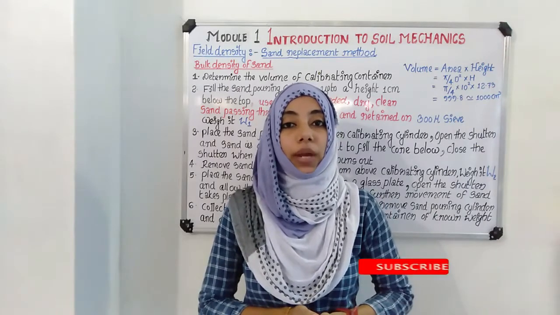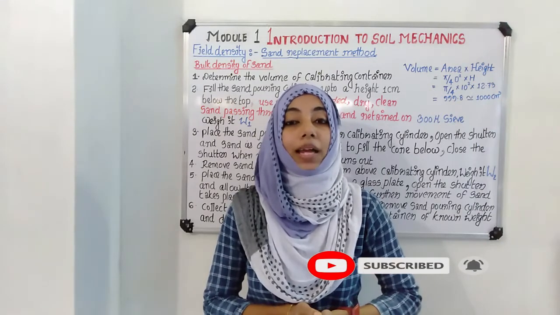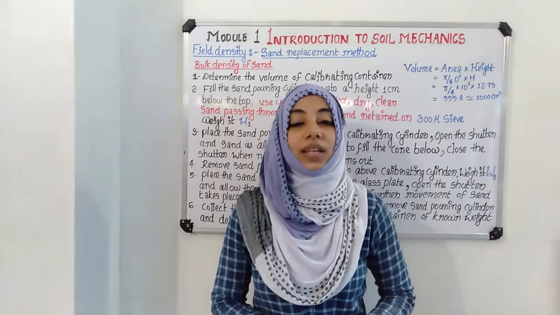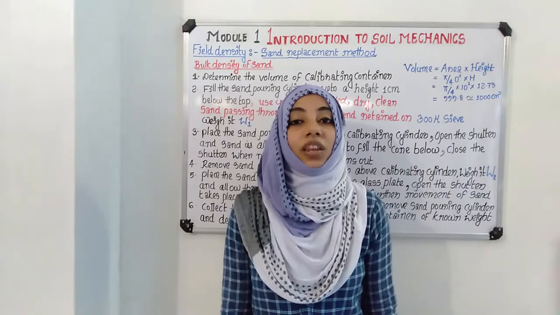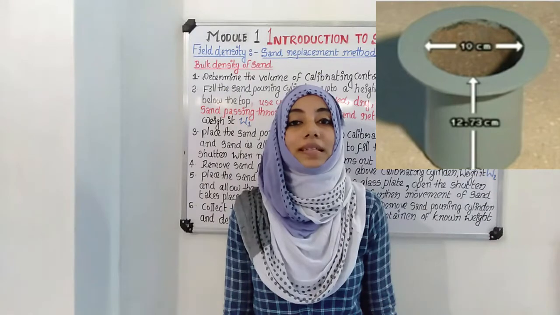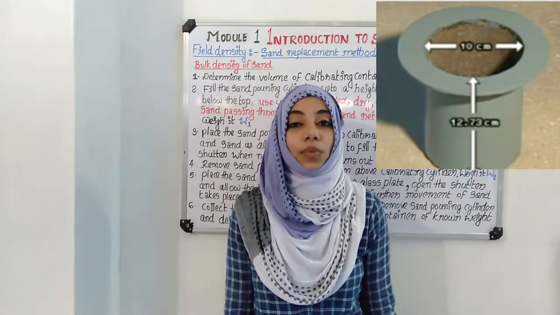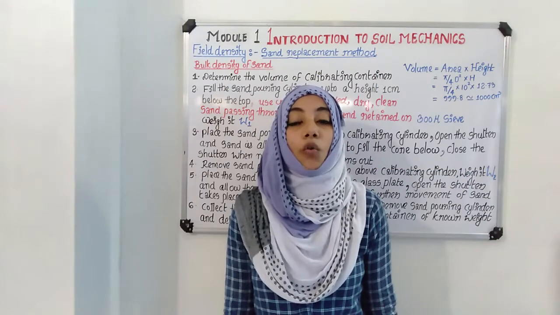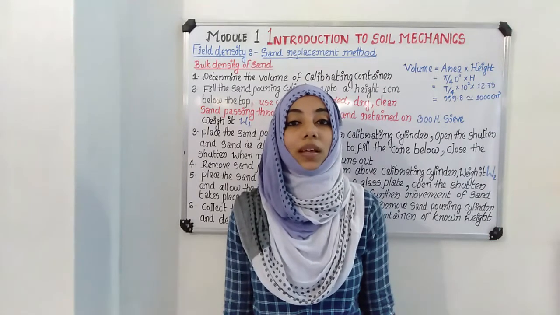Volume is equal to area into height, where area is equal to pi by 4 into diameter square, where d is the diameter and h is the height. In the figure, we can observe height is equal to 12.73 cm and diameter is equal to 10 cm. By substituting these values, we obtain volume which is approximately equal to 1000 cm cube.